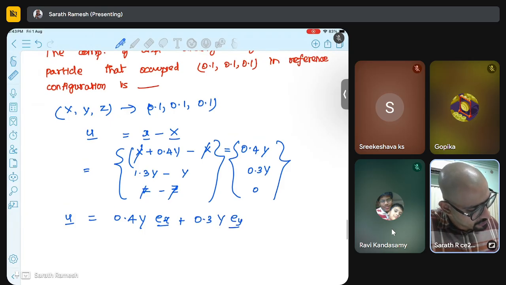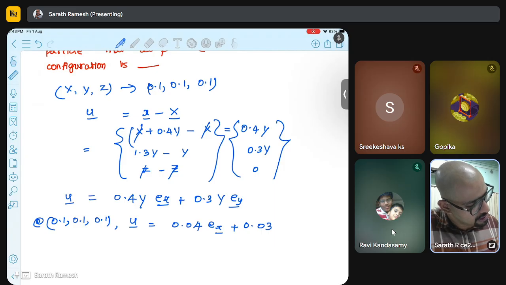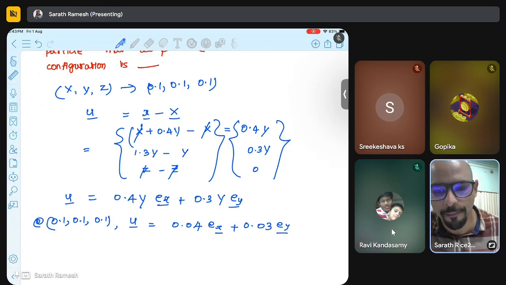Now we have to substitute 0.1, 0.1, 0.1. The u vector will be equal to 0.04 ex plus 0.03 ey. I just multiplied the value of capital Y in this equation.